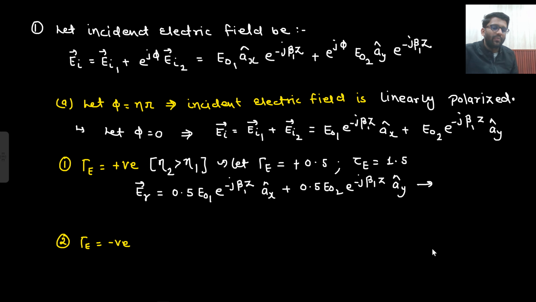What kind of polarization is that? In the reflected field, you only change the magnitude, and both magnitudes were changed by the same amount, and there is no change in the phase. Previously the phase difference was 0. Now as well the phase difference is 0. That means still it is linearly polarized.